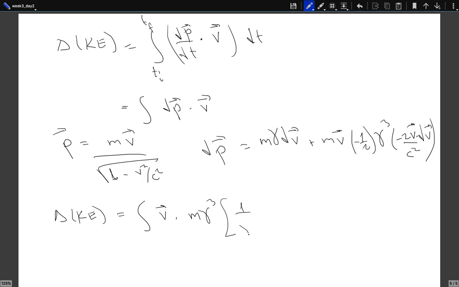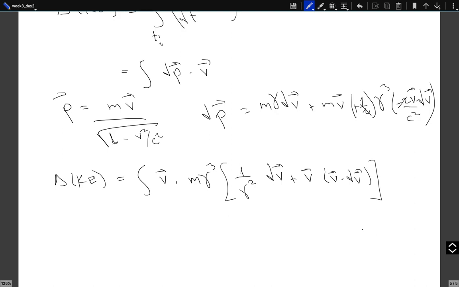Here I have 1 over gamma cubed dv plus, gamma cubed is out, m is out, v squared over c squared, v dot dv.